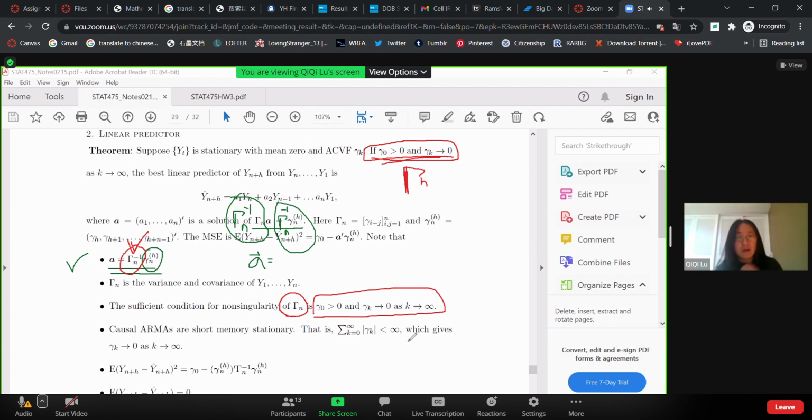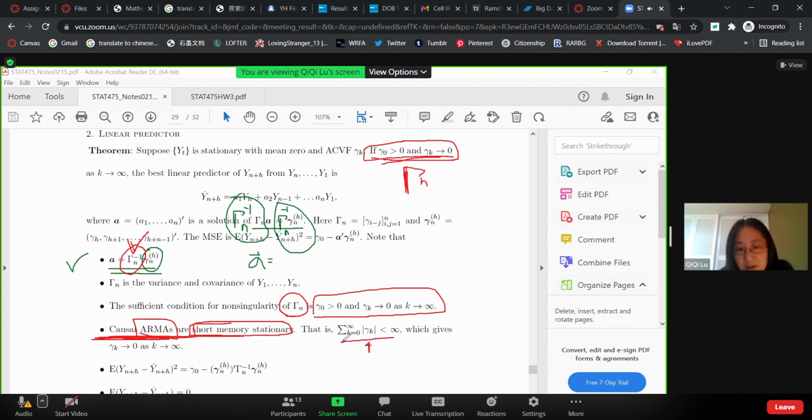And then we have learned the ARMA model, right? In the last chapter unit, we had the ARMA model. The ARMA model stands for stationary time series. If you have a causal ARMA model, we call it short memory. Short memory stationary means the sum over k from 0 to infinity of the absolute value of your autocovariance gamma k is finite.